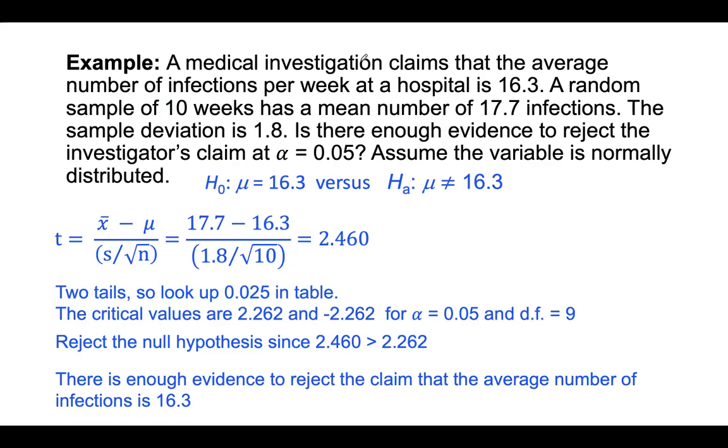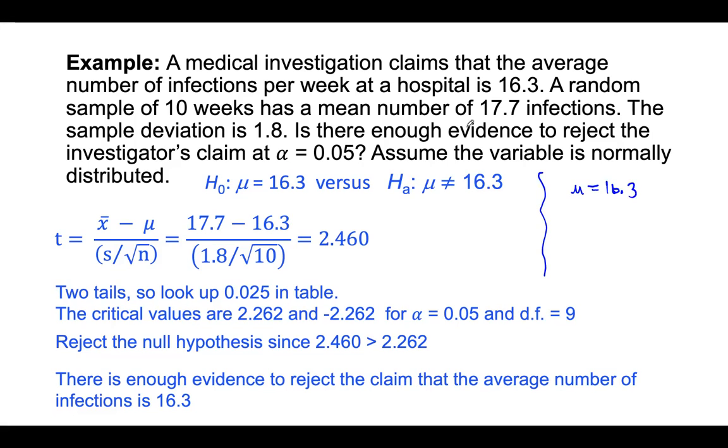So suppose a medical investigation claims that the average number of infections per week at a hospital is 16.3. A random sample of 10 weeks has a mean of 17.5. So we can start on the side here, taking out some information.